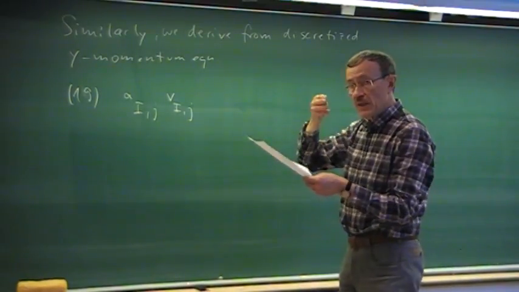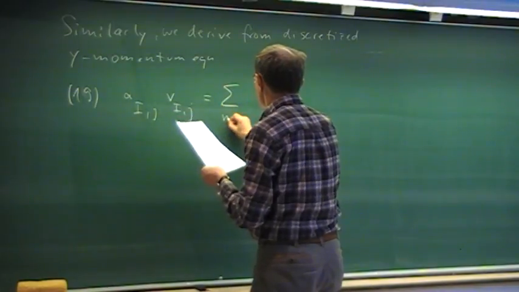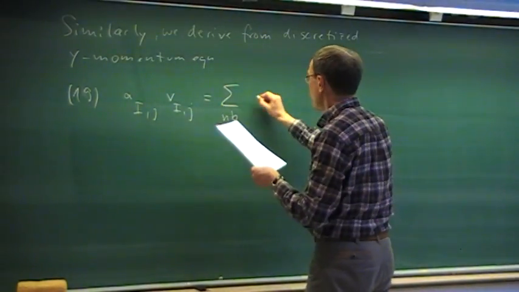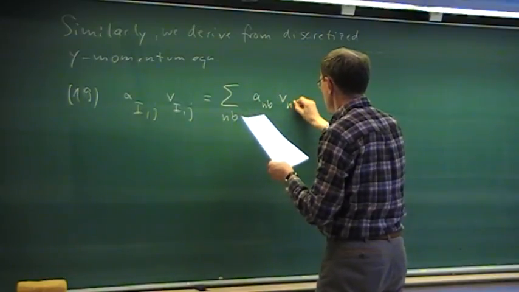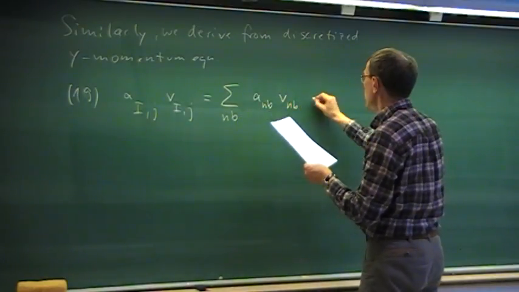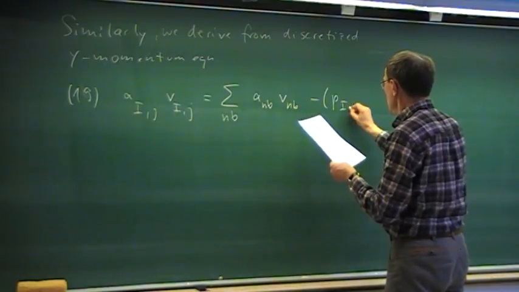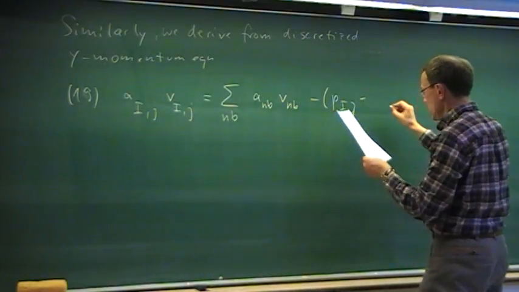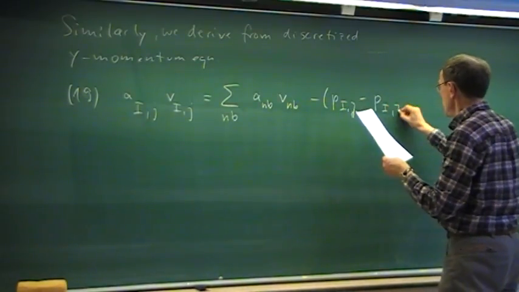And we assume that v is now the correct one, related to the neighbors by the neighboring coefficients, and the value of the velocity component there, minus now the correct pressure, P I j minus P I j minus 1.